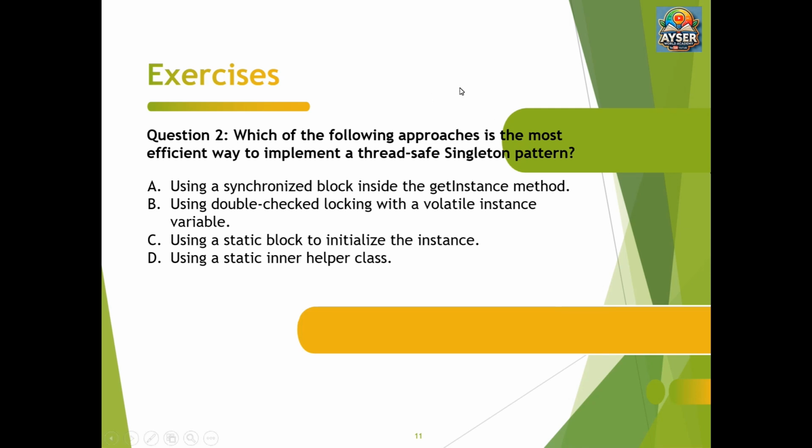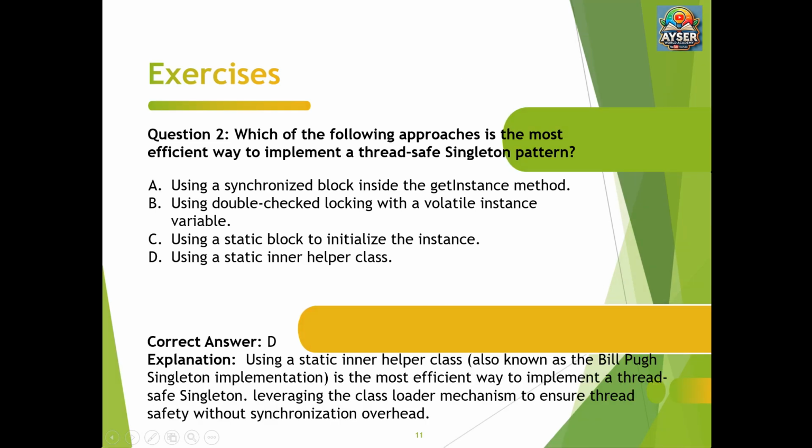So, what would be your answer? The answer B is correct. Using a static inner helper class, also known as the Bill Pugh singleton implementation, is the most efficient way to implement a thread-safe singleton. The instance is created only once, leveraging the class loader mechanism to ensure thread safety without synchronization overhead.